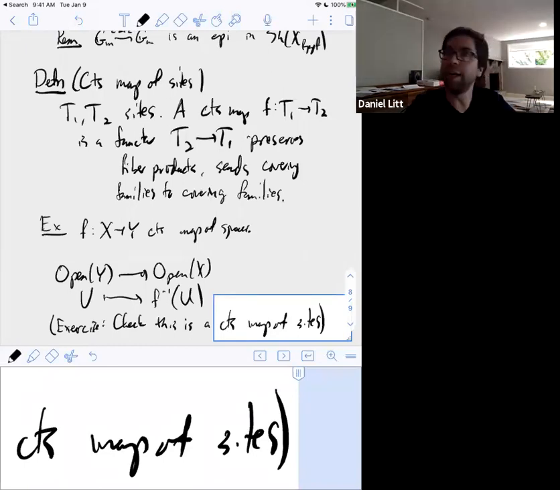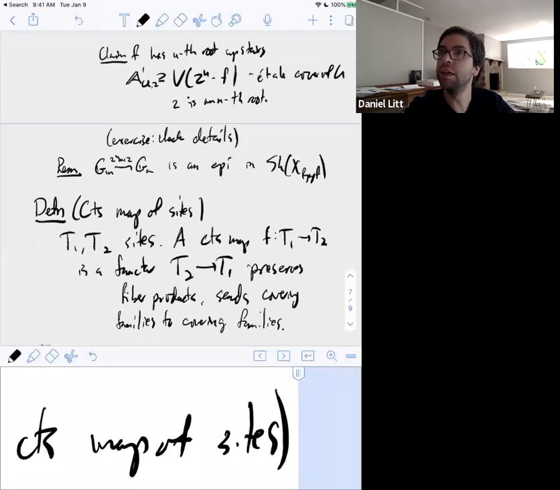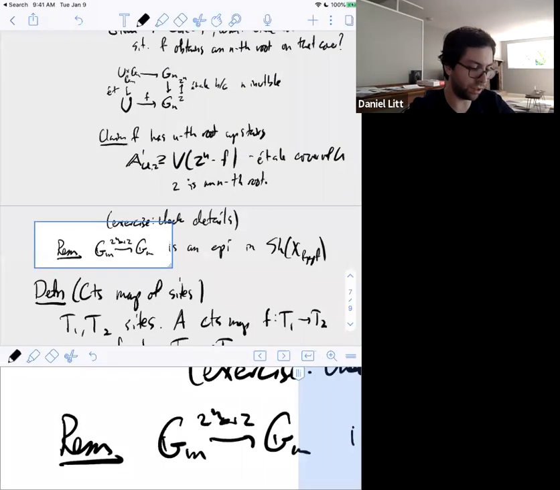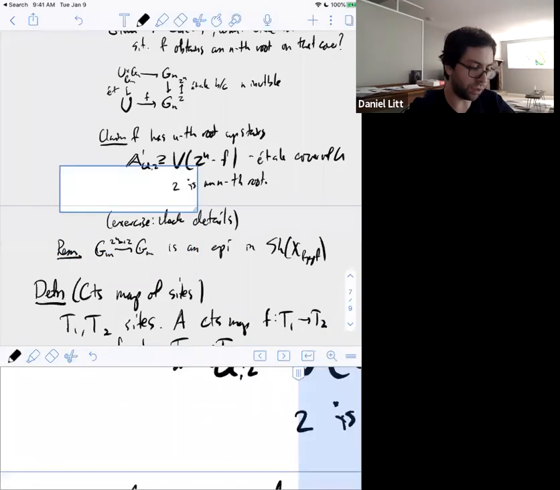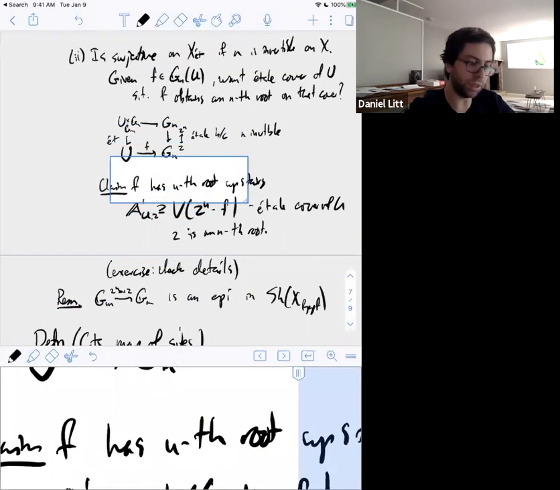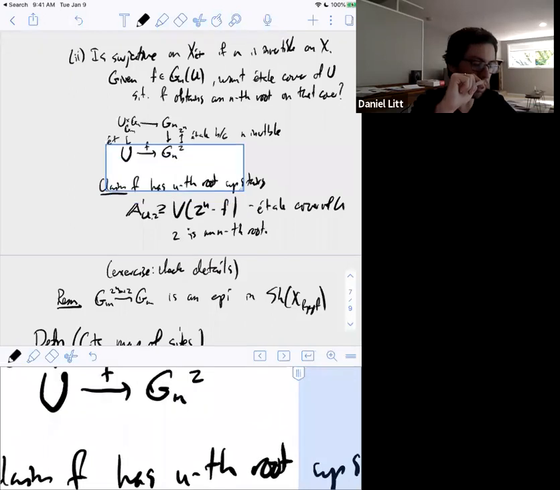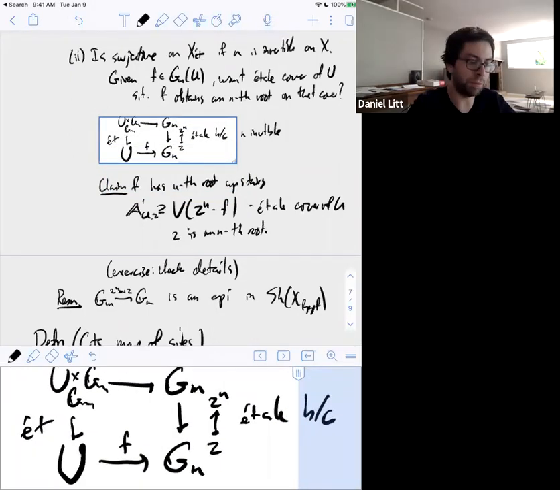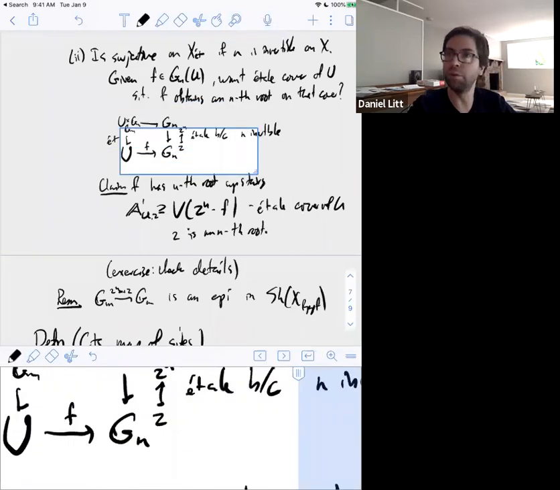Okay, so Benjamin asks, can I repeat what I said about G_m to G_m being an epi in the flat topology but not being an epi in the Étale topology? Yeah, so that's right. What we showed here is that if n is invertible on X, then this map is an epimorphism in the Étale topology. If it's not invertible, for example if n is the characteristic or is divisible by the characteristic, then this in general won't be an epimorphism.